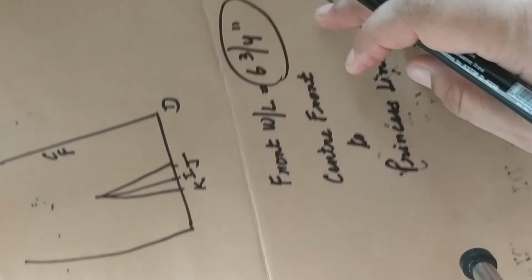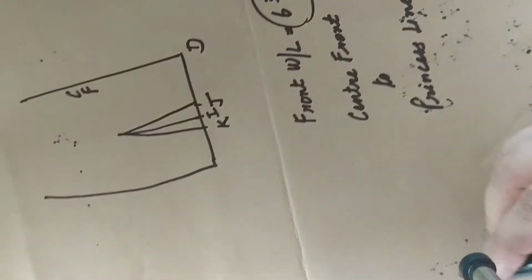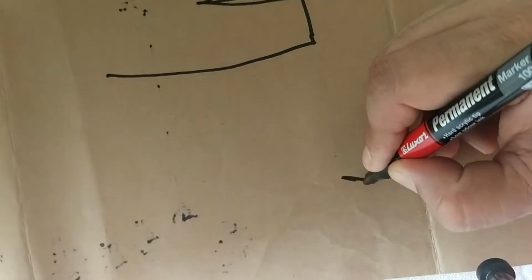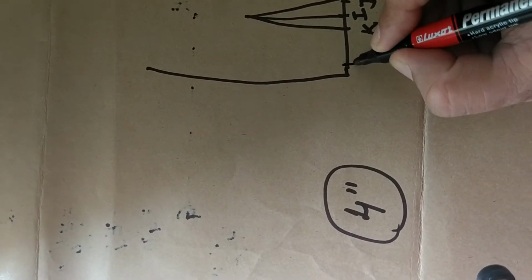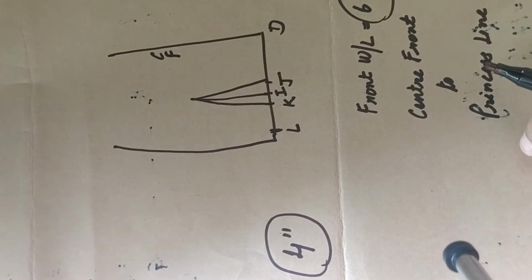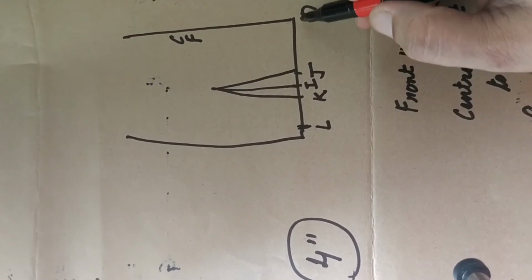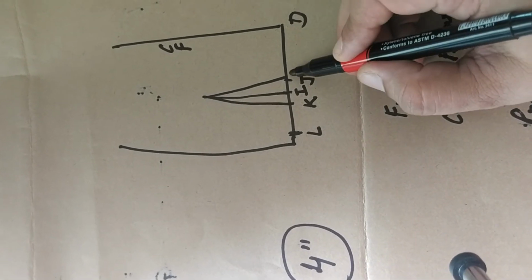So when I subtract 3/4 from 3/4, what am I left with? I'm left with 4 inches. Okay, so what I have to do is from K, I will measure 4 inches, and wherever it falls, I label it as L.